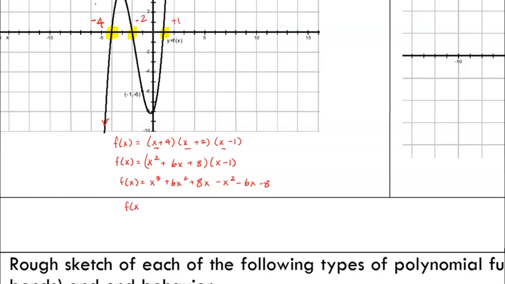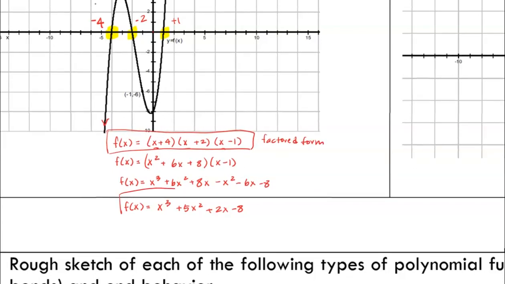And then f of x equals x cubed plus 5x squared plus 2x minus 8. So I will accept this. This is the factored form. And this right here is the standard form.